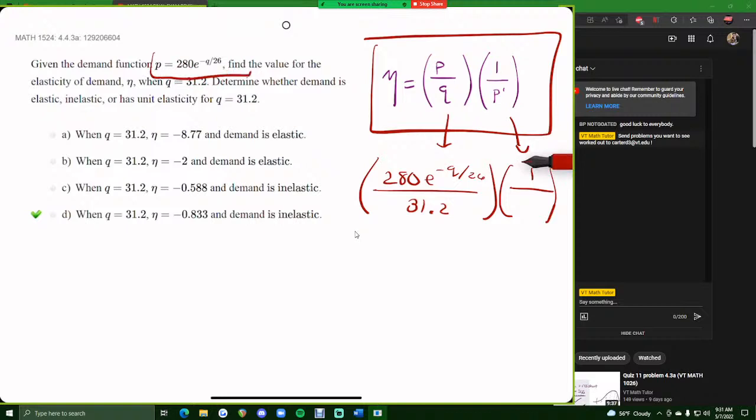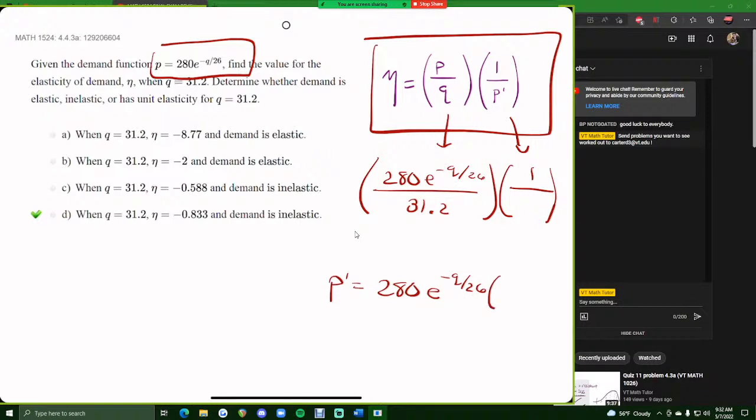And so in this problem, they wanted you to estimate P prime, but using what we know about derivatives, we could actually find P prime if we wanted to. P prime would be 280. The derivative of e to the anything is e to that same anything.